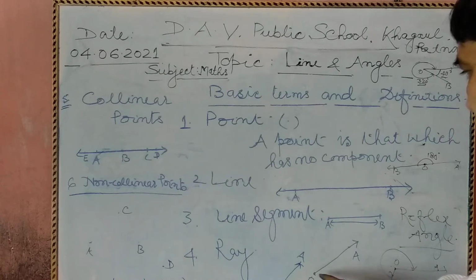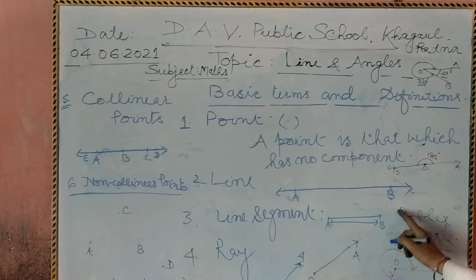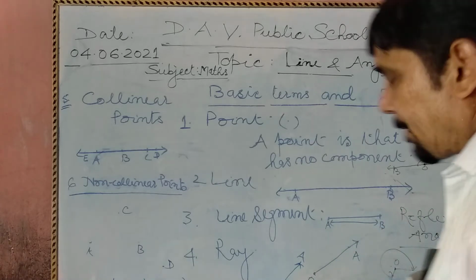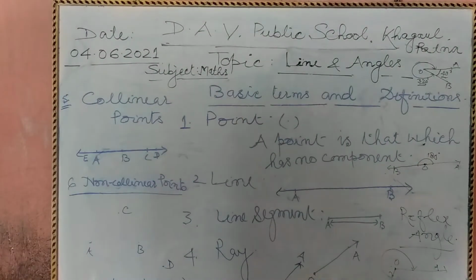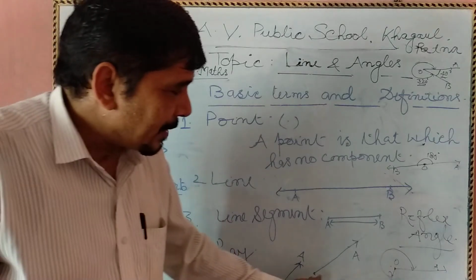Okay, that is the shape of the ray. So O is the fixed point and A is a point here, and OA can be extended in the direction of OA because the other point on the side is not fixed, so it can be extended. That is a ray.